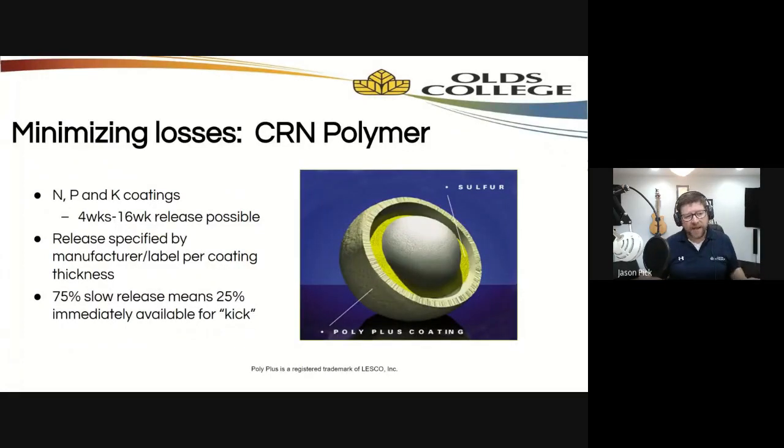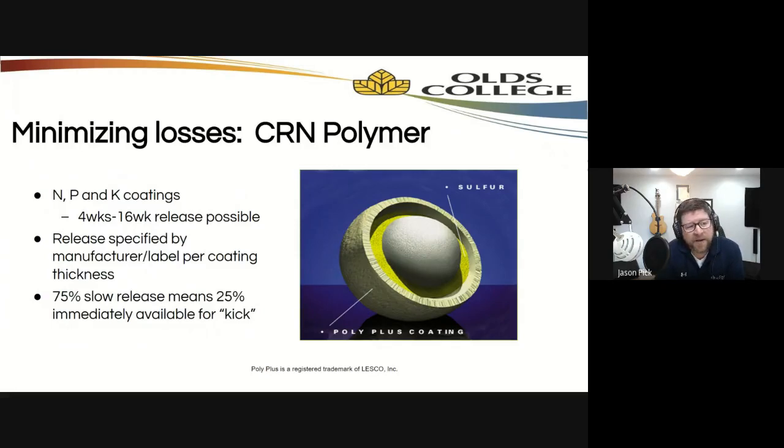So NPK coatings. If you're applying fertilizer in phosphorus terms, phosphorus is good for root growth or starter. So generally, you're not going to find a slow release phosphorus source. If you've got phosphorus in a slow release product, it's the one that's not coated. It'll be immediately available because it's not going anywhere anyhow.